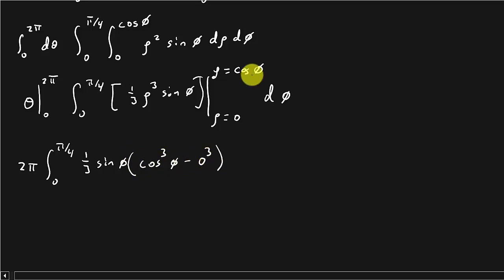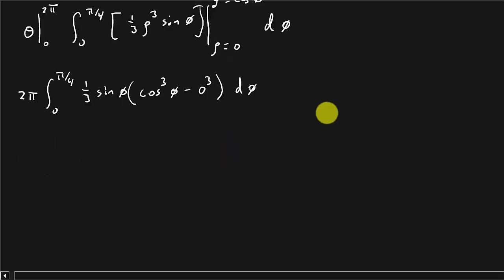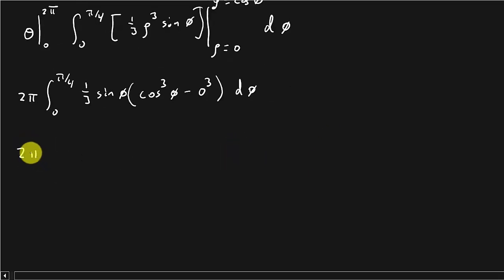I plug in the cosine phi and then plug in the 0, d phi. That's 2 pi over 3. I'm going to pull out the 1/3, 0 to pi over 4, sine phi cosine cubed phi d phi.